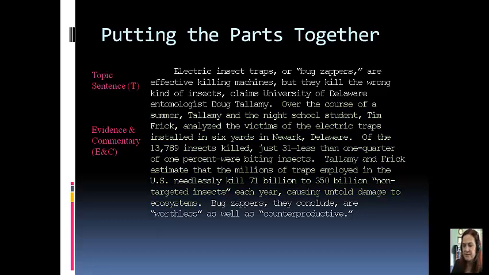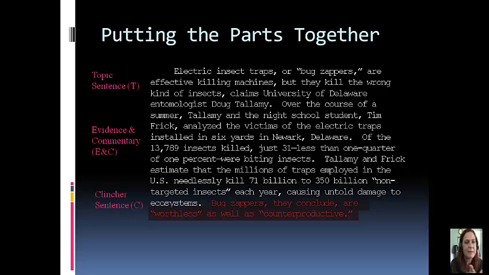Then we come to the clincher sentence, which refocuses. Okay, we start out with this idea. We go down to the example, all the statistics, all of the reasoning, and then we come back to the main idea with your clincher sentence: bug zappers, they conclude, notice your transition, they conclude, are worthless as well as counterproductive.